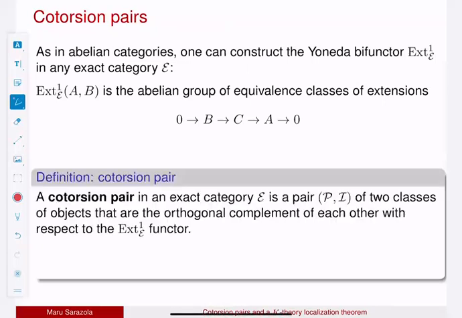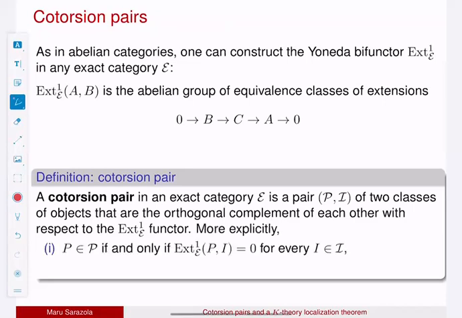So using this Ext^1 functor, we can define cotorsion pairs in an exact category. These are going to be pairs of two classes of objects in our exact category that are the orthogonal complement of each other with respect to the Ext^1 functor. So what does that mean exactly? Well, an object P is going to belong to the class P if and only if, when you take Ext^1 of P and anything in the class I, it vanishes.